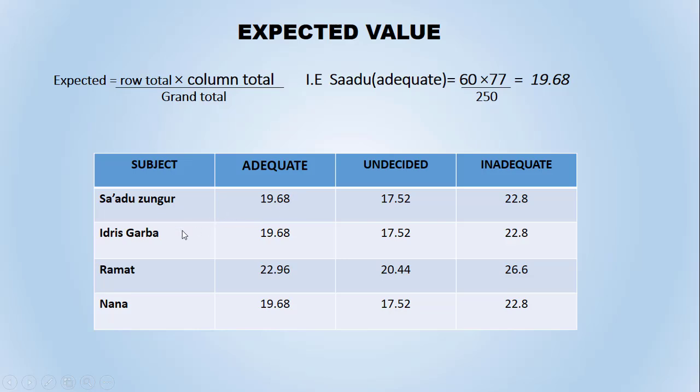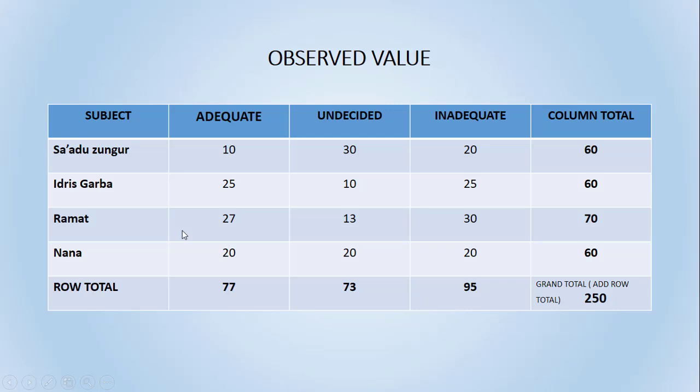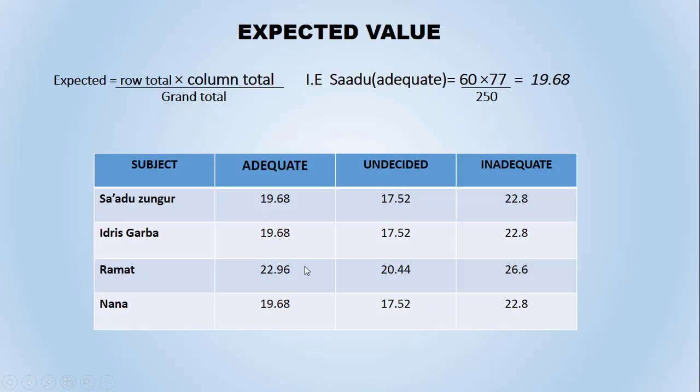If you go down to Idris Galba adequate, the column total of Idris Galba is 60. The row total is 77. 60 times 77 divided by 250, you will also get 19.68.